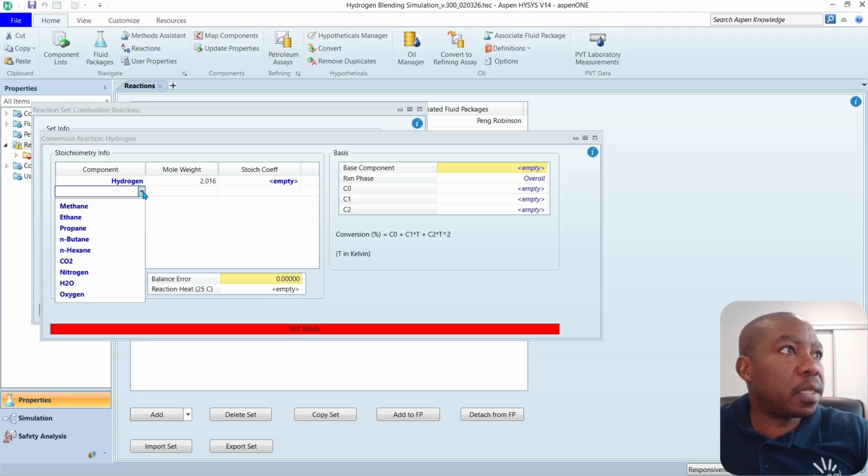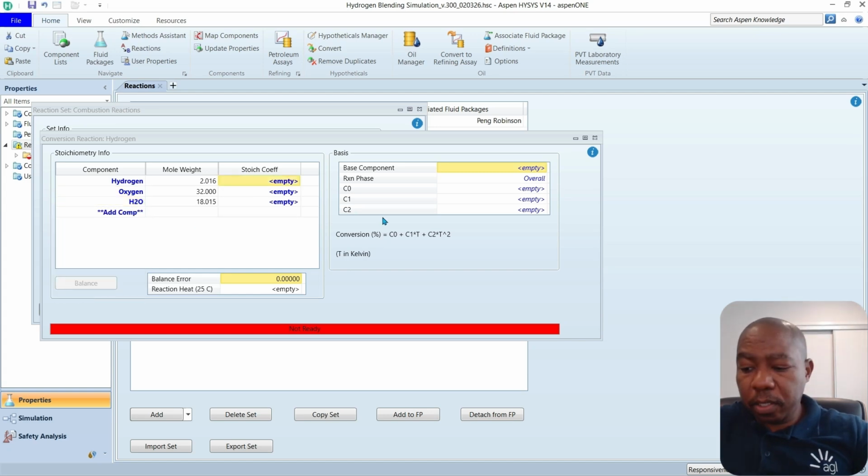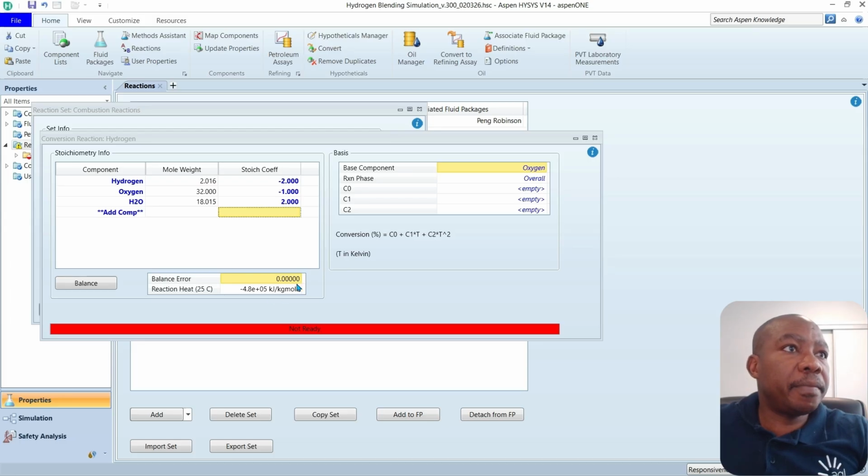It reacts with oxygen to give us water molecule, and the stoichiometric coefficients will be -2, -1, and +2 of the water molecules, and then we should have a 0 there. That's good.